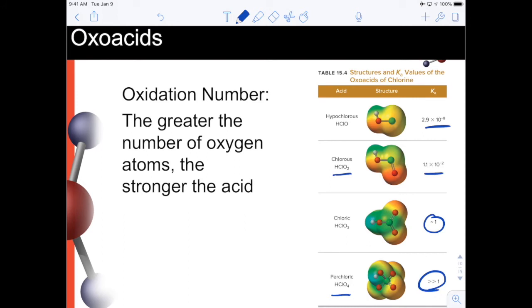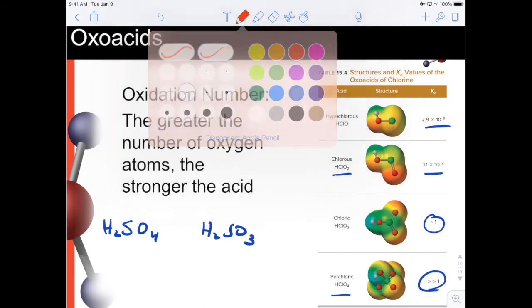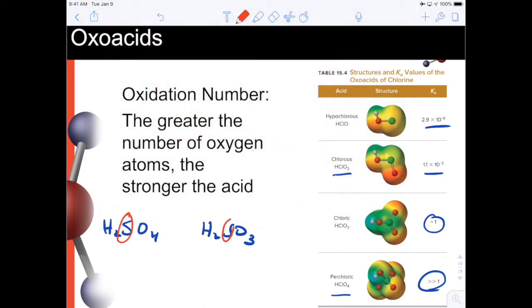So the key here is that if you were to look at something like this, compare these two. The oxidation number really is the theoretical positive charge that resides on that central atom. We talked about this in Gen Chem 1, how to calculate that. I'm not going to go through this right now. I'll talk about it in class. But in this case, it's plus 6.